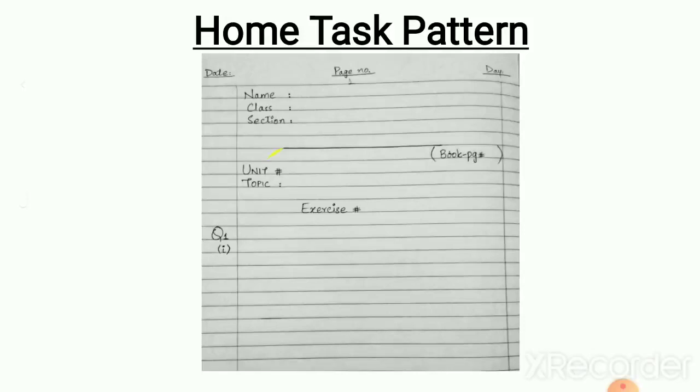Then you have to mention your unit number, your topic, your exercise number, and here you can write your book page number, and here you can write the question number and part from the question.